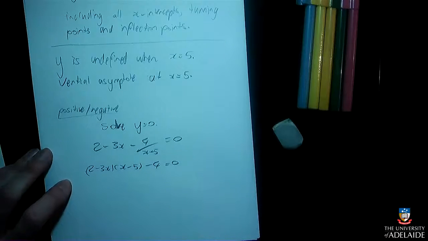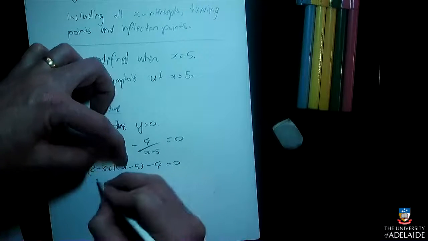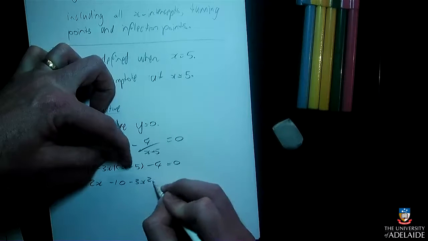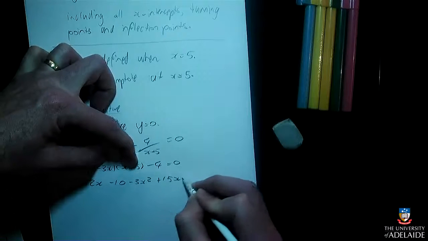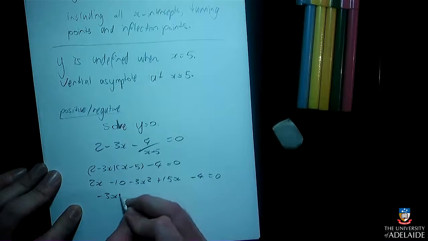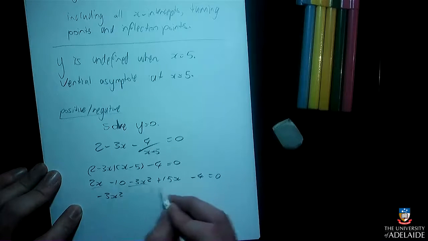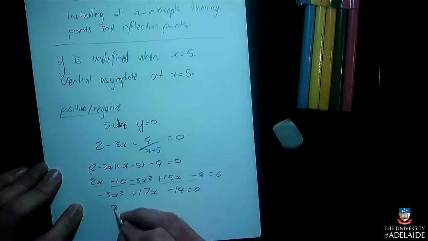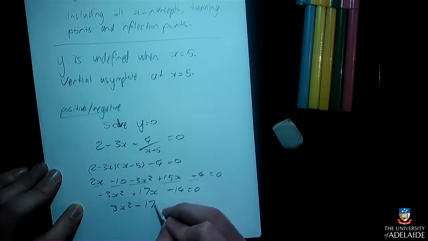This does not look fun, so I think I might expand it out: 2x minus 10 minus 3x squared plus 15x, and then minus 4 is still there. I'm just going to rearrange that: 3x squared, and then there's a 2x and a 15x, and there's a minus 10 and a minus 4. And I'll feel much better about this if I do this.